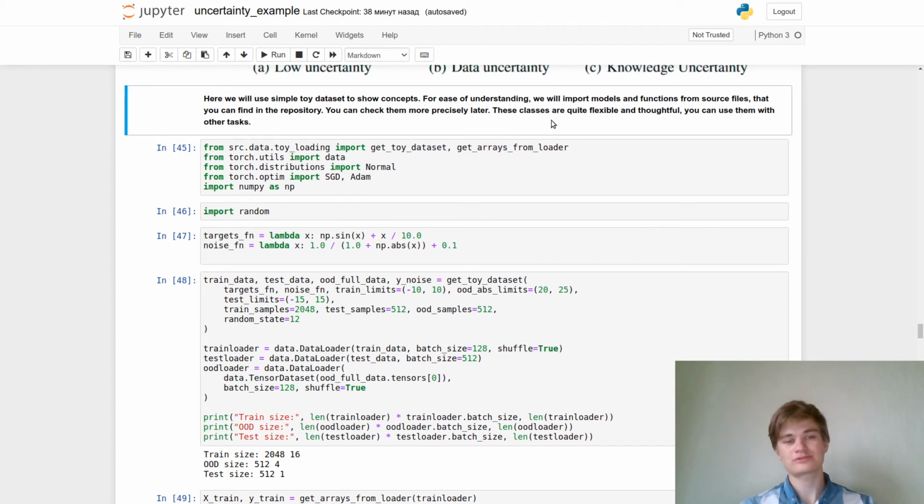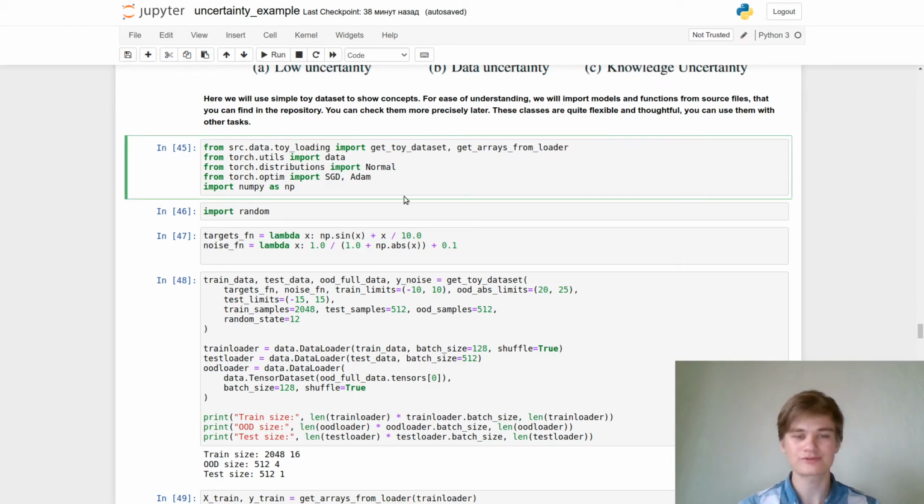I'll use a simple toy dataset to show you concepts here, but I will use source files that you can find in our repository with dataset generation and models and optimization classes.